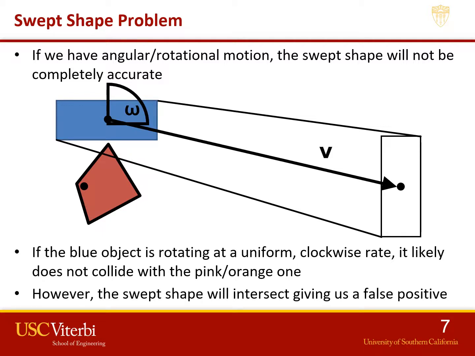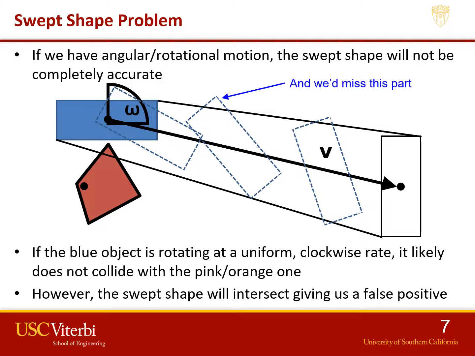However, once we recognize that how it really moved, or how it was supposed to have moved, was like this, by rotating while it was moving, we'll see that actually the blue shape wasn't supposed to touch the red shape at all. And perhaps worse, the blue shape moved outside of the bounds of that swept shape that we're using to approximate its motion. And so if the red shape was up here, it was supposed to have touched it, but it won't. So that's one of the problems that we get with the swept shape.